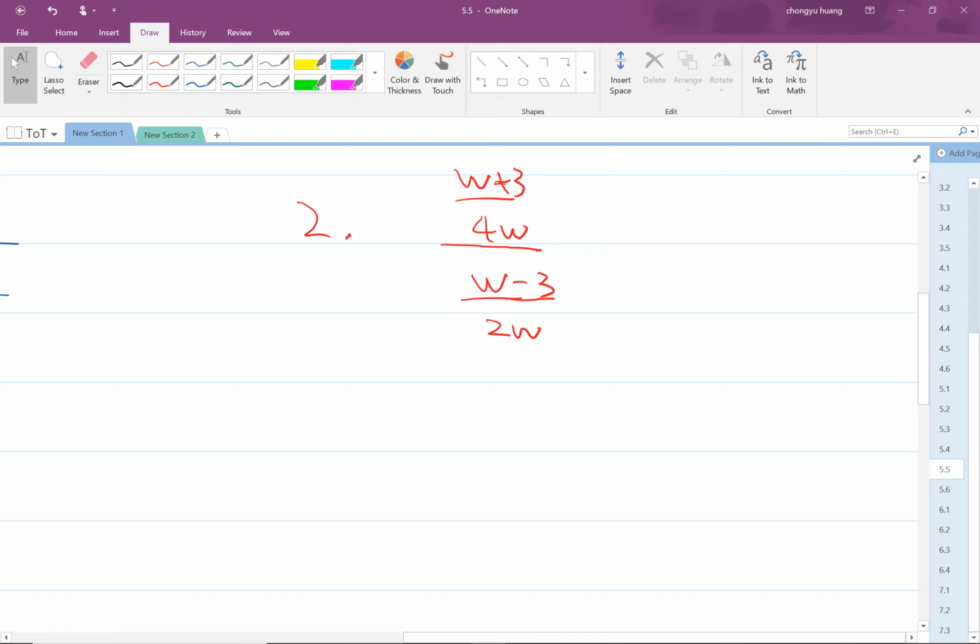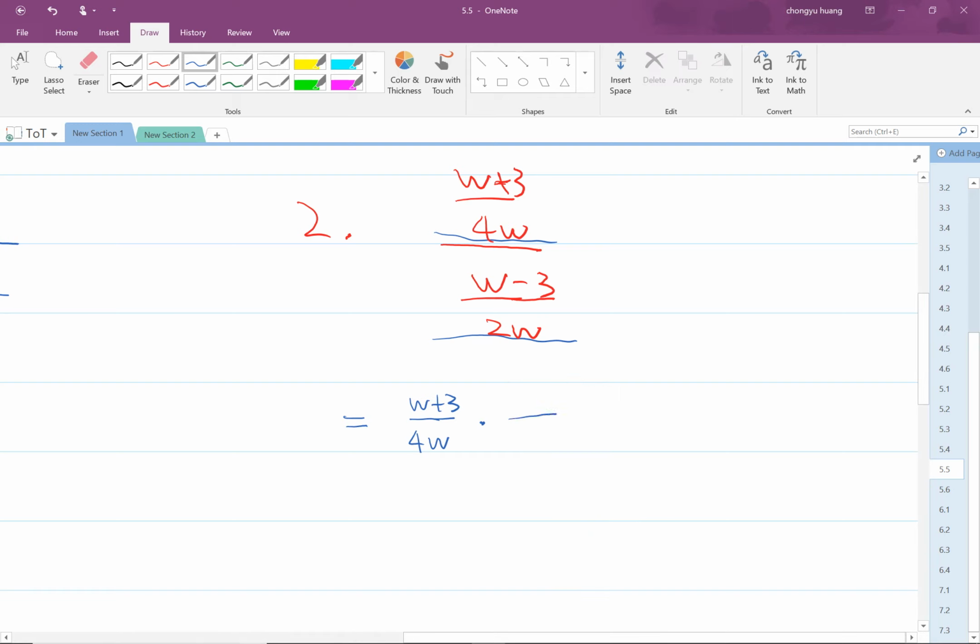You look at this and you should know right away that we have something on the numerator and something on the denominator, and those two terms are already in the simplest form, right? So you should know that we have to flip it, right?